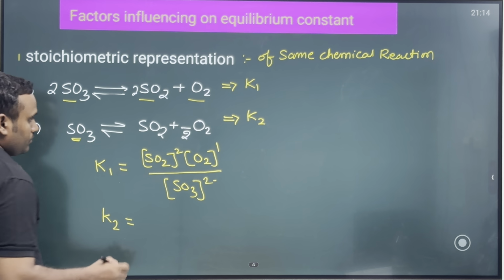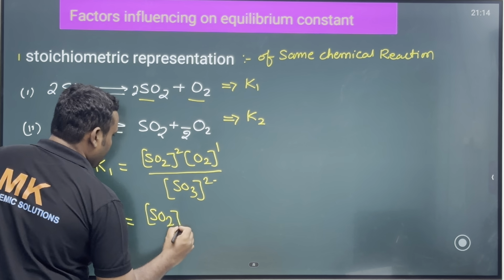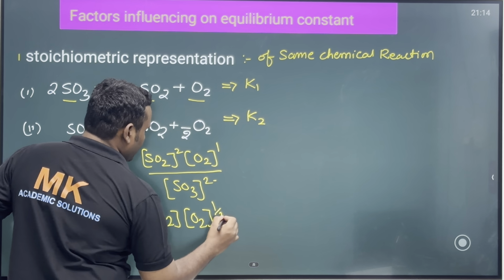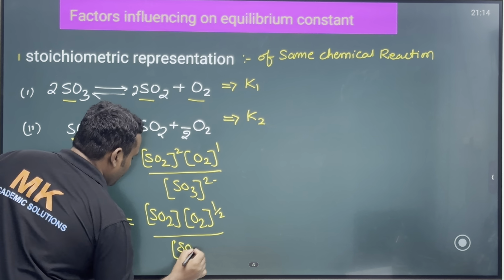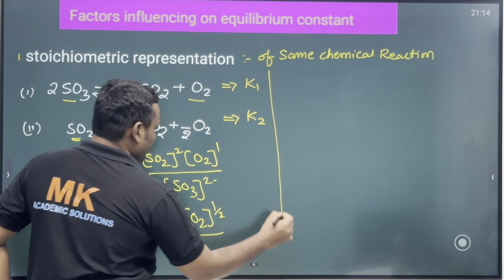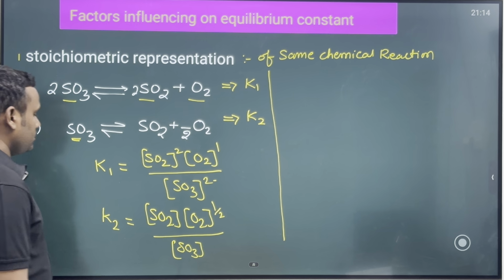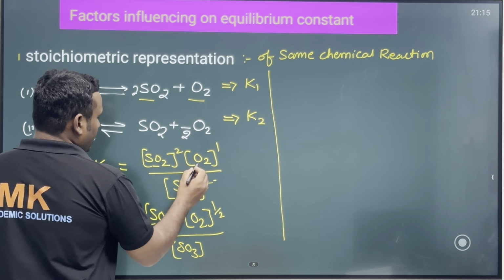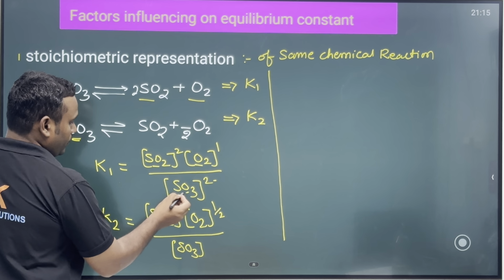And how can we write K2? K2 is equal to SO2 into O2 power 1 by 2 by SO3. Okay, so this is K2. Now how can we relate K1 and K2? Here we have SO2 square and O2 power 1 in the first, and O2 power 1 by 2 in the second.